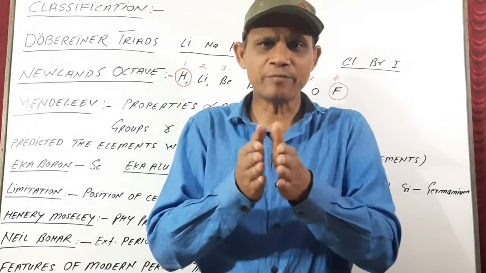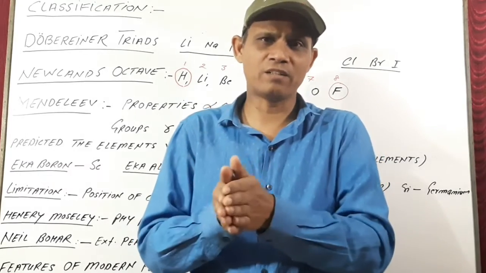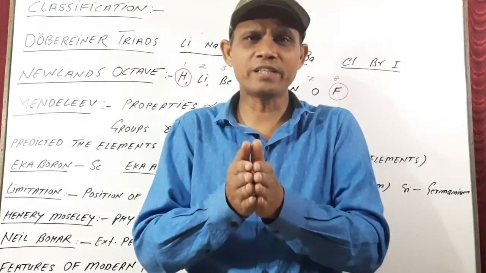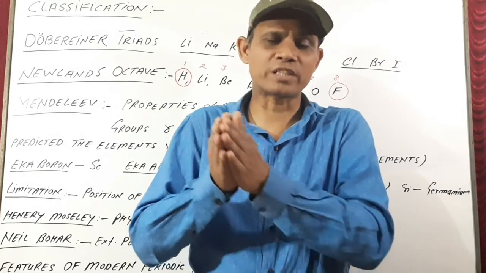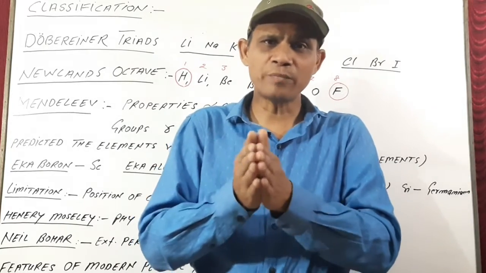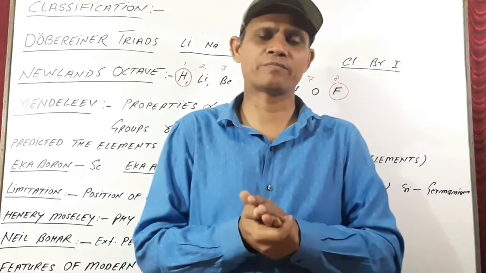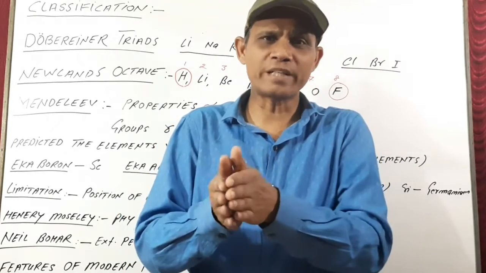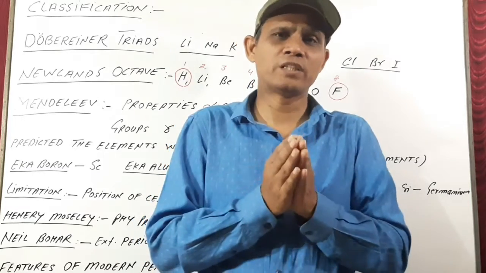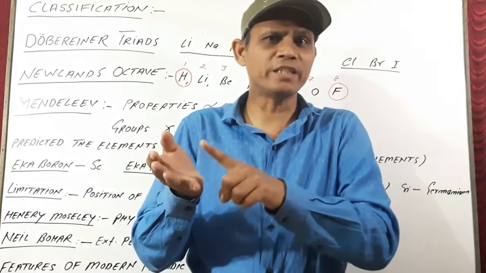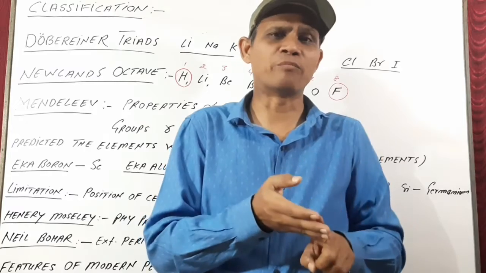The element which was in the middle had a mass equal to the arithmetic mean of the masses of the other two elements, and their properties resembled. The properties of all these three elements resembled.